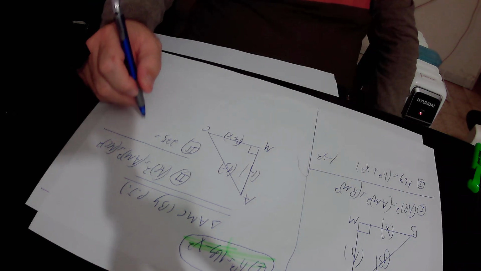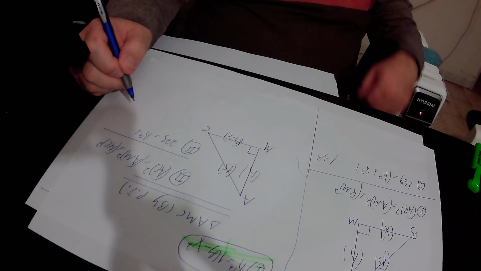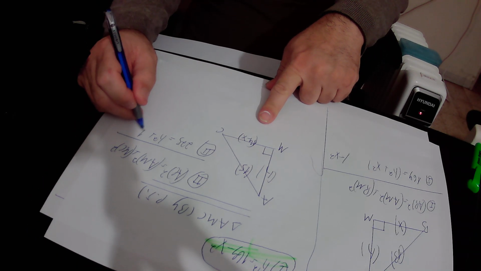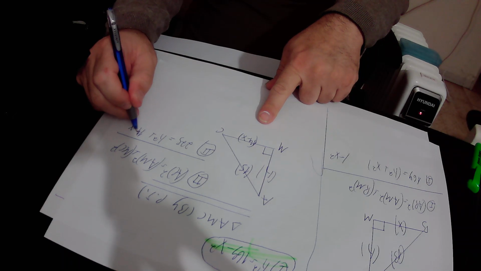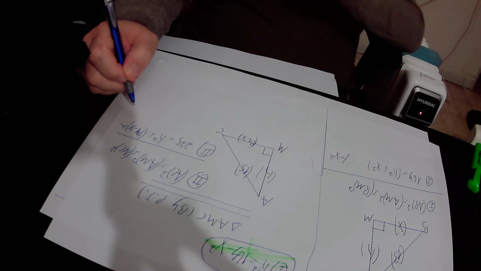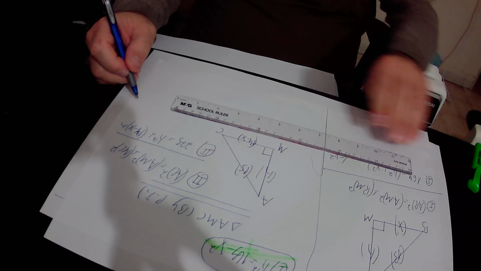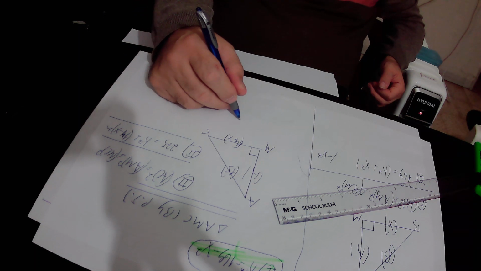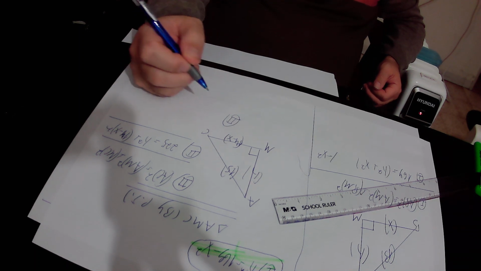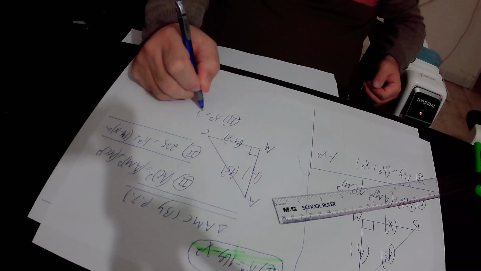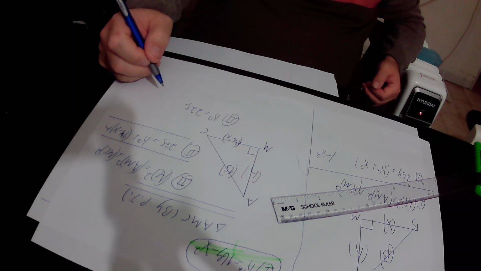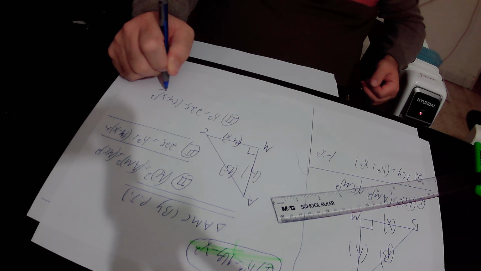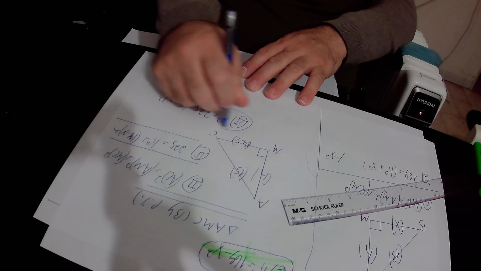AM is H, therefore AM square is H square, plus MC square. MC is 14 minus X, therefore MC square is 14 minus X square. Here we subtract from this equation, equation number 2, 14 minus X square, and we get that according to equation number 2, H square equals 225 minus 14 minus X square.